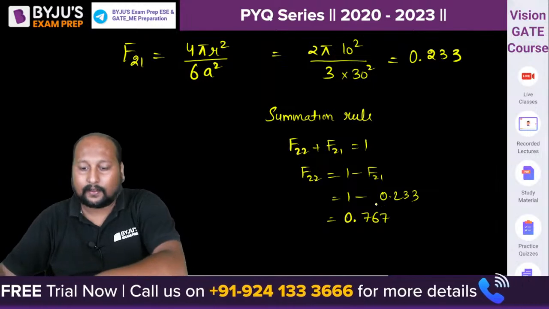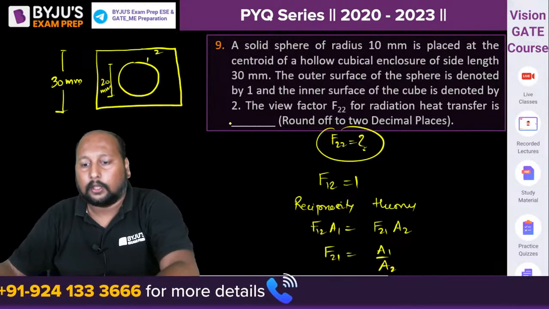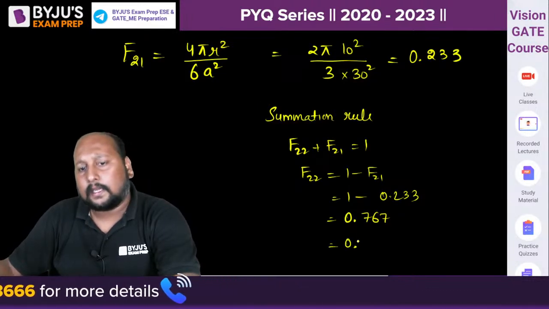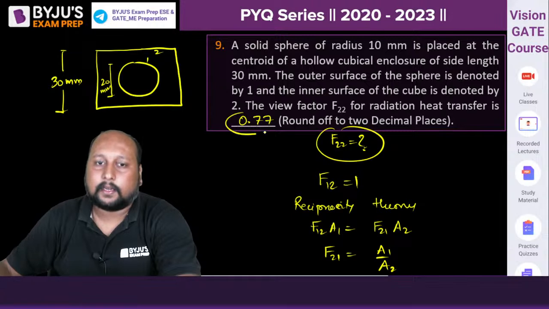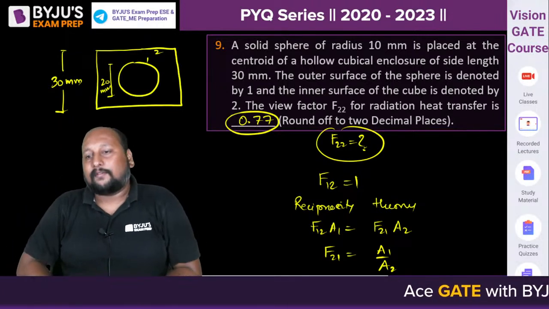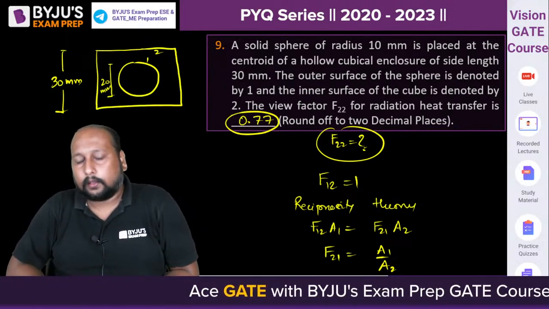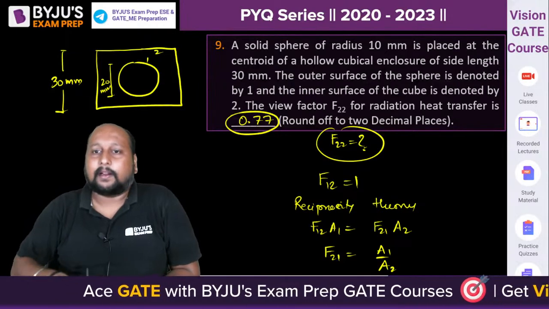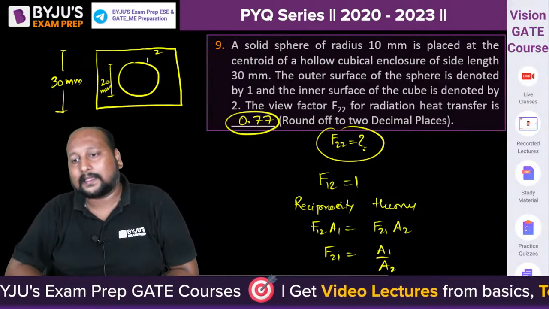Okay, are we getting 0.767? Round off to 3 decimals it is 0.767, and to 2 decimals we can say 0.77 is the final answer. 0.77 is the final correct answer. Okay, 0.77 shape factor will be the final correct answer. Done. Okay, clear everyone? They were asking you the self shape factor of the inside surface of the cube, that is F22. Very good.